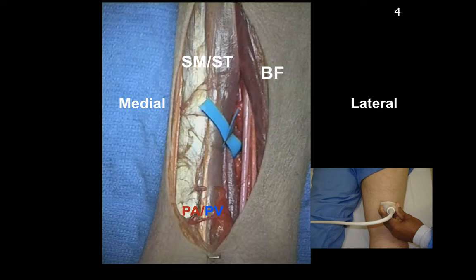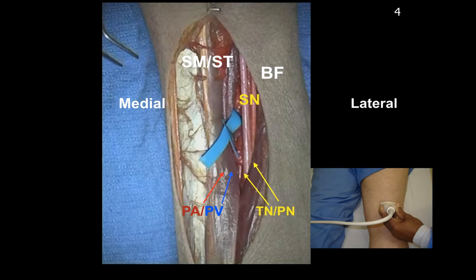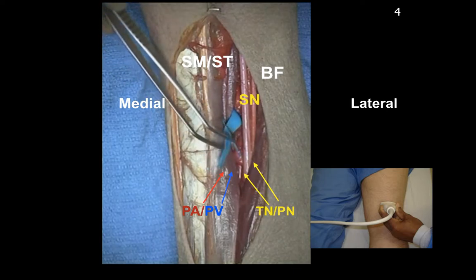The popliteal artery and popliteal vein are marked with a vessel loop, and the tibial nerve and peroneal nerve are visible lateral and superficial to the popliteal artery and popliteal vein. There can be considerable variability with respect to the level at which these nerves unite to form the sciatic nerve. The sciatic nerve is also superficial and lateral to the popliteal vessels.